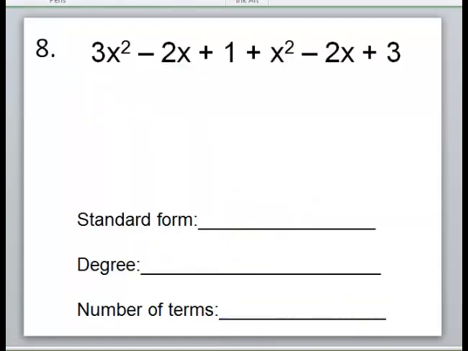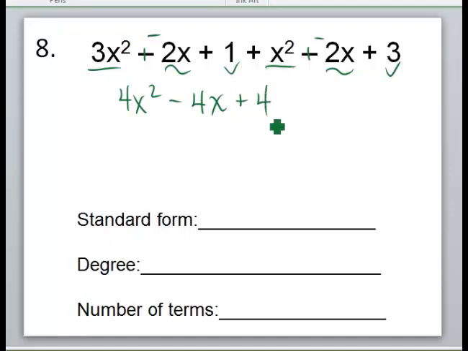I just have a couple more examples of these kinds. Again, we'll continue naming them. This one, I need to actually do some combining of like terms first. I'm going to add the opposite on these so I can add my like terms. This gives me 4x squared. Then I have negative 4x, and I have plus 4.